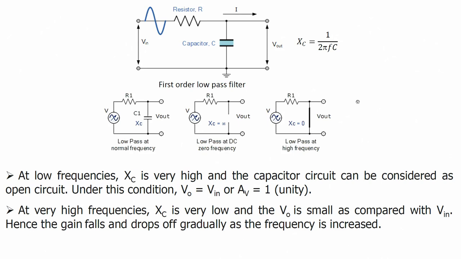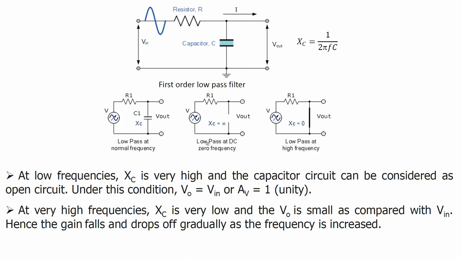Now, when you want to design a first order low pass filter, the resistor comes at the start and then there is a capacitor. The signal passes through the resistor and capacitor in this fashion. Xc is nothing but 1 by 2 pi fC. In a low pass filter at low frequency, your Xc would be very high and the capacitor can be considered as an open circuit.